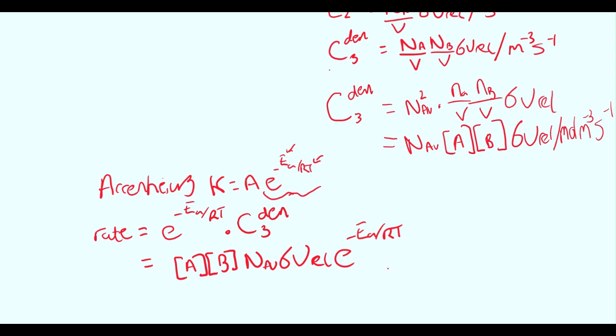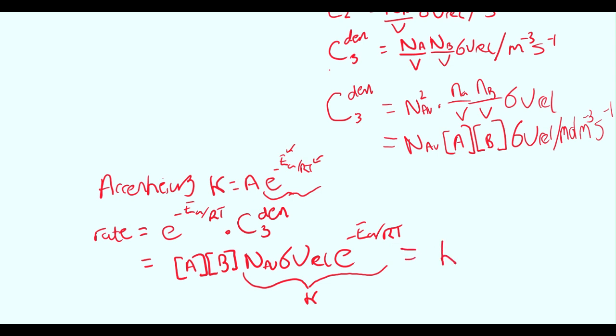So at constant temperature, this equation can be simplified as follows, to take these terms in their entirety as constants, noting that the Ea over RT will be constant at constant temperature, as will v_rel, as it also has a temperature dependency.